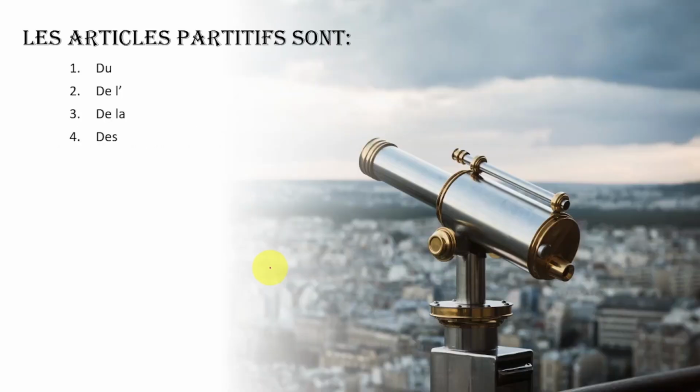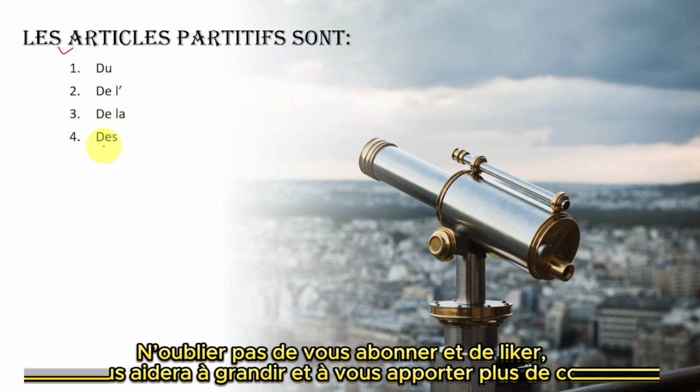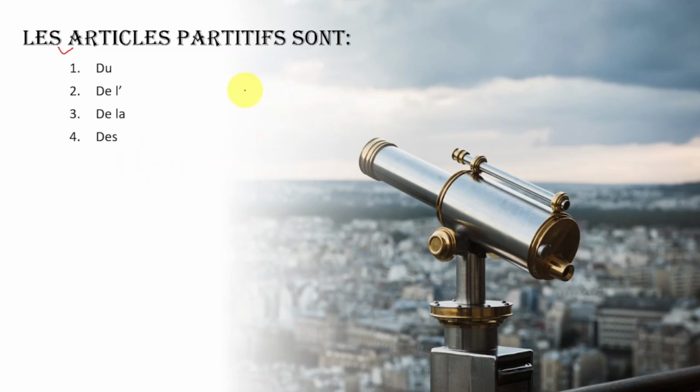So in case you guys want to take some notes, that's okay. In French we have les articles partitifs. We have du, de l', de la, de. So it's similar to some, okay?